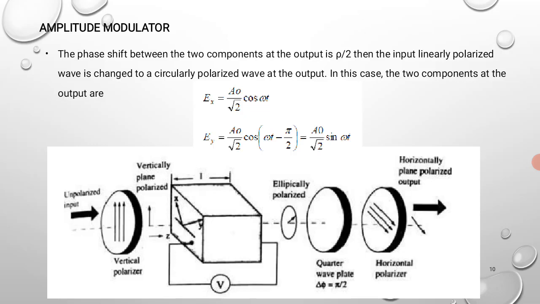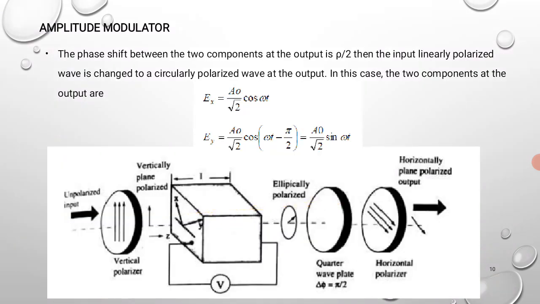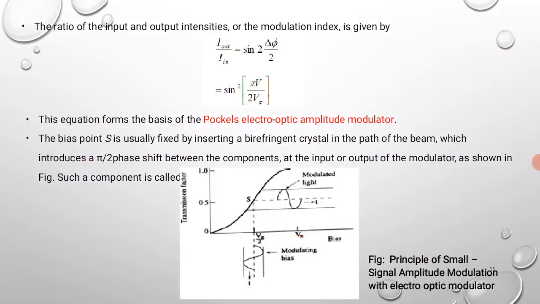Cos(omega t minus pi by 2), which is cos(theta minus 90 degrees), is sin theta, so we can write it as a naught by root 2 sin omega t. So the output intensity over the input intensity equals sin square of delta phi by 2, and this equation is the basis of the Pockels electro-optical modulator.